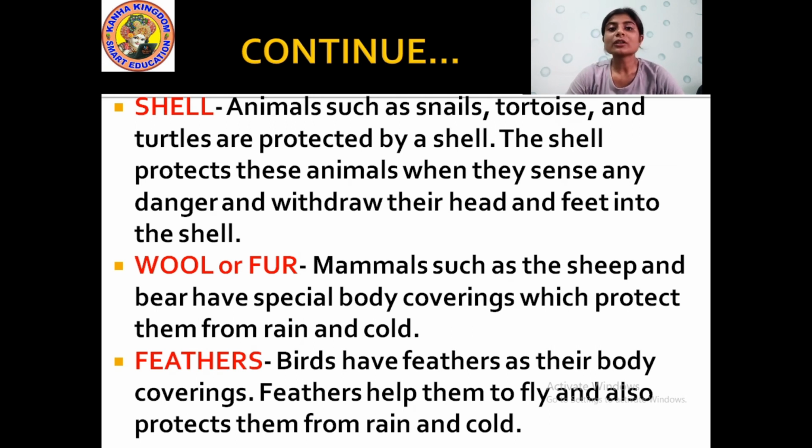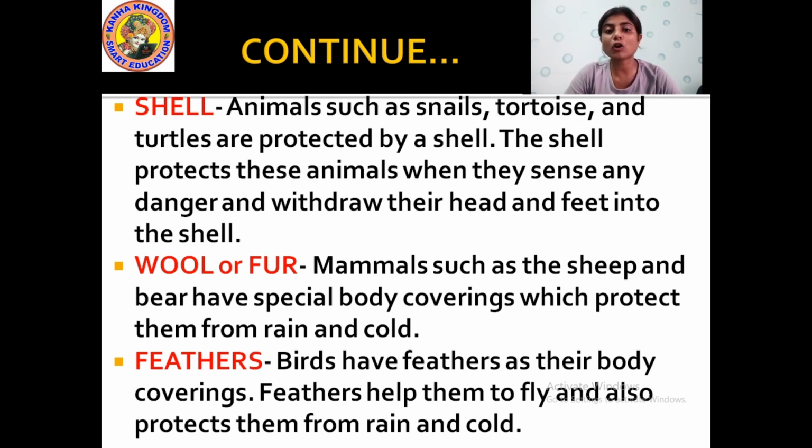So this shell is the outer body covering of animals such as snail, tortoise and turtle, which protects them from the different types of danger that they sense, and also according to the different weather. Understood?